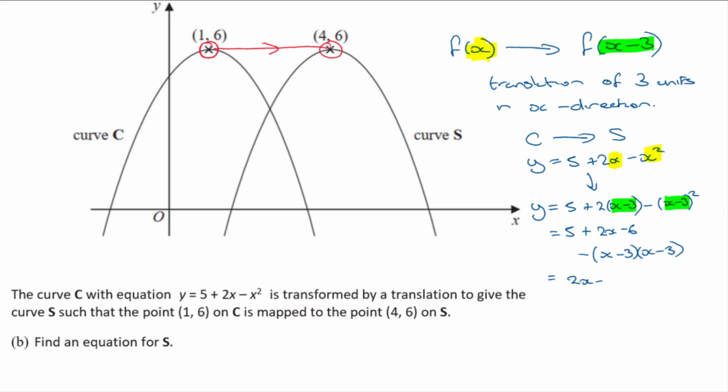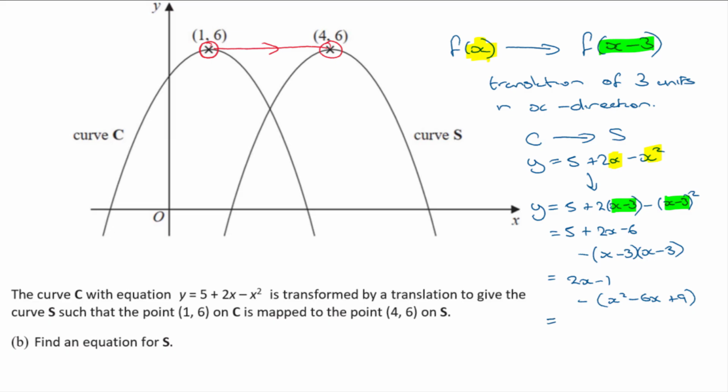So that's 2x minus 1, just collecting those 5 and minus 6 together, and then minus whatever this bracket is multiplied out. That's going to be x squared minus 6x plus 9, using that handy identity for perfect squares I was talking about earlier.